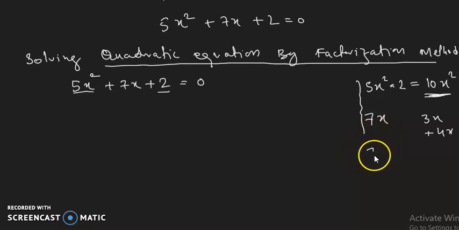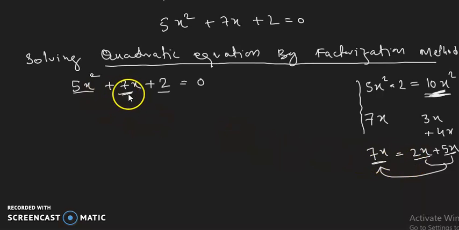If we write 7x like this, 2x plus 5x, now it's clear. If we multiply these, 2x times 5x, it gives 10x squared, and their sum gives 7x.